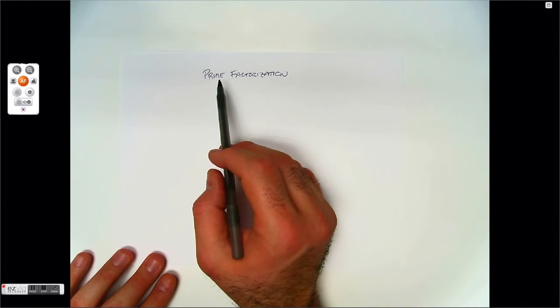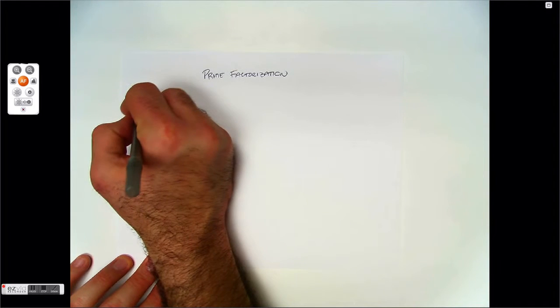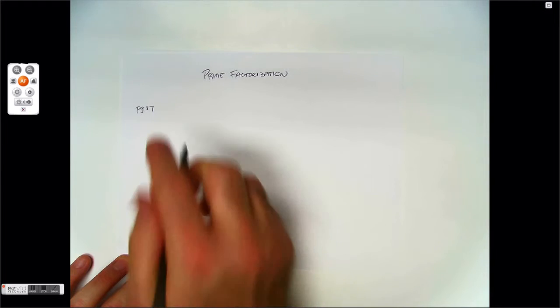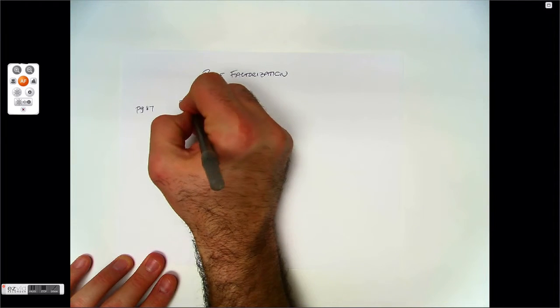Now, prime, let's look at that. I'm going to reference page 87. Page 87 has a definition of what a prime number is.